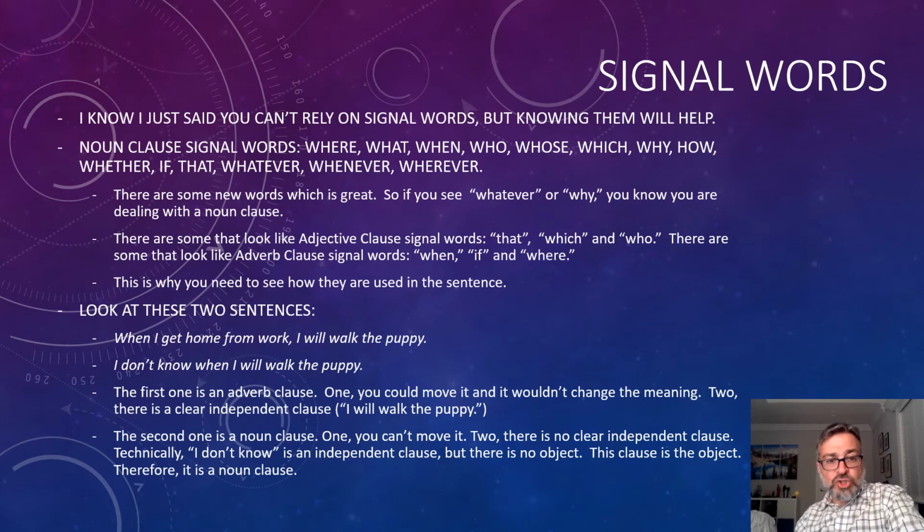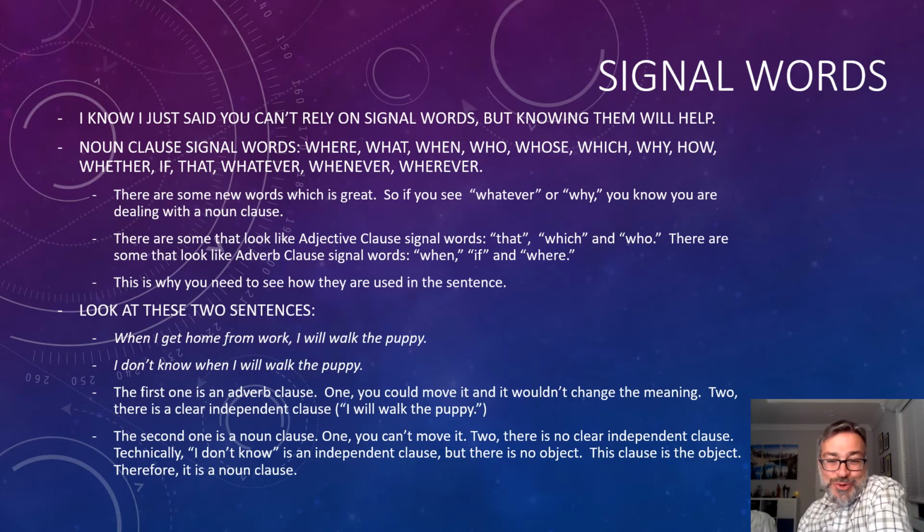Okay, I know I just said that you can't rely on signal words, but knowing them will help. The signal words for noun clauses are where, what, when, who, whose, which, why, how, whether, if, that, whatever, whenever, wherever.